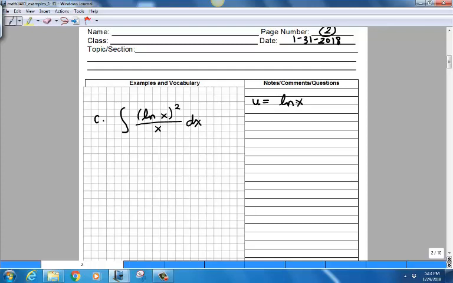But if that doesn't work out properly, after we've taken a few steps, we realize we're not getting anywhere, we can go back to the drawing board and substitute U for another part of the integrand and see how that works. Okay, so sometimes this integration by substitution is a trial and error process.